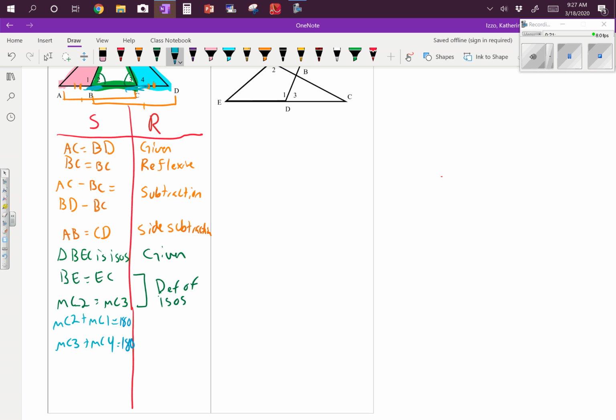One big sentence now. This is linear pairs. This is substitution.